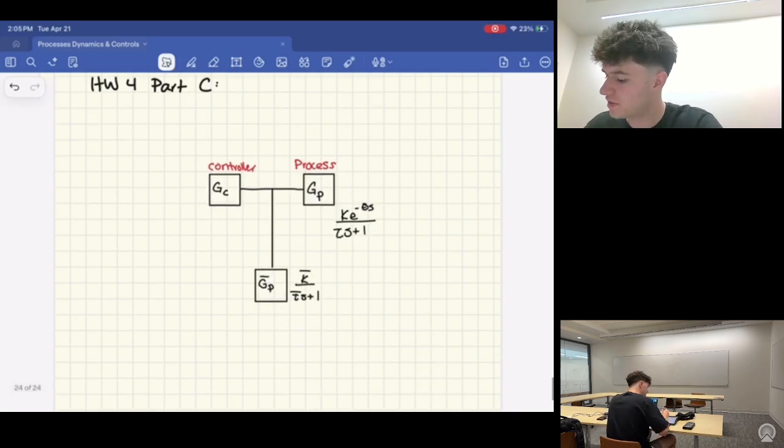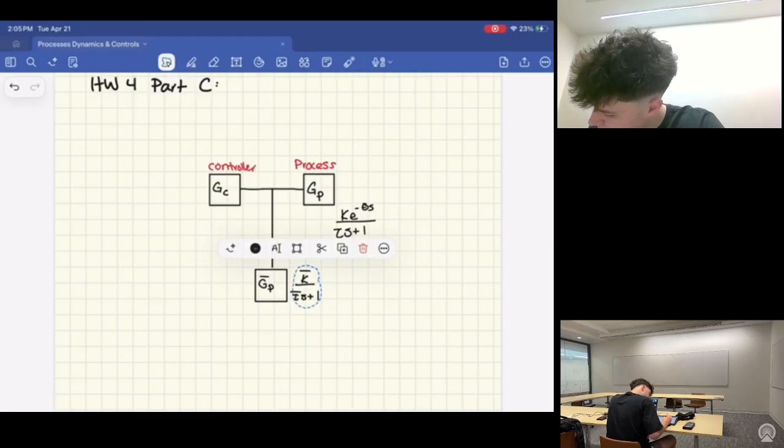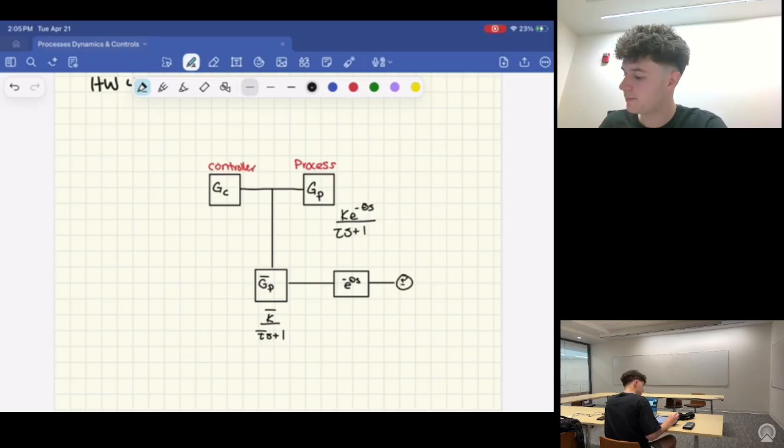I have actually slid this down because we're going to need some extra room. So what's going to come from this GP is that I'm going to move this down so we can draw our correct line. This goes here, and we are also going to have a line here, and this line is going to go into another box, and this box is going to have e to the theta s, and coming out of this box we're going to go into the exchanger.